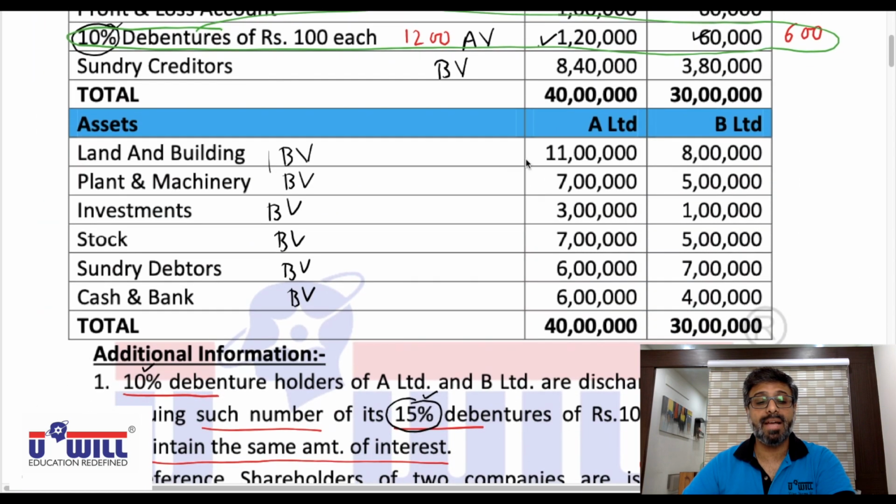Then stock, 7 lakhs plus 5 lakhs, 12 lakhs.